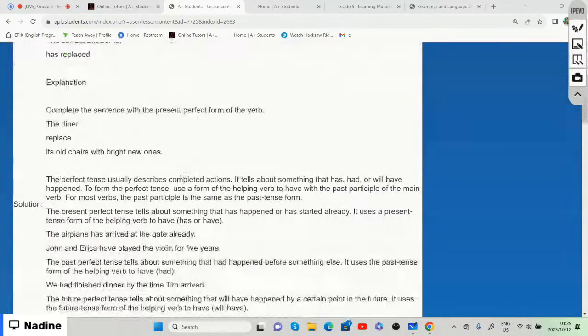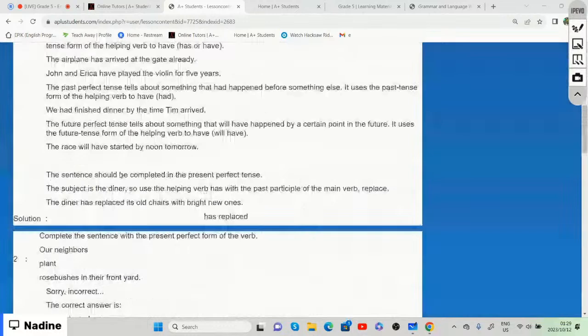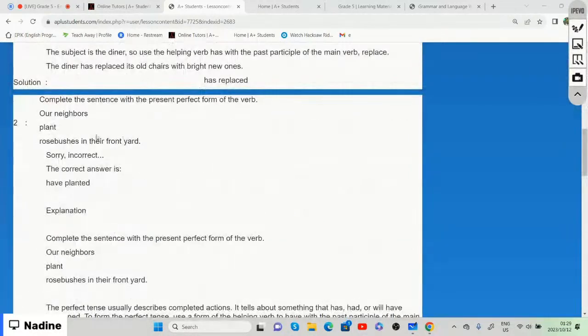All right, let's go to the next one. We need to complete the sentence with the present perfect form of the verb.